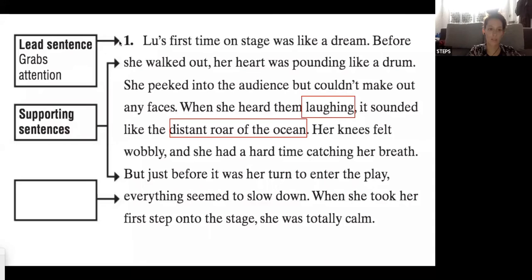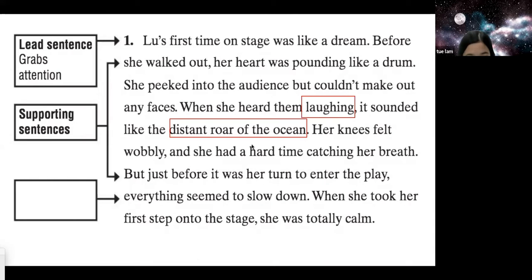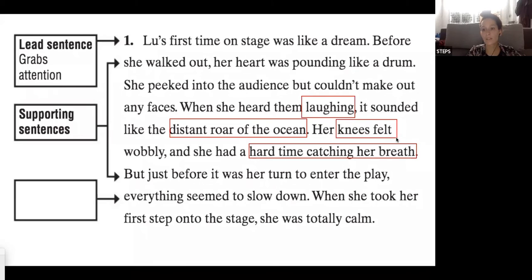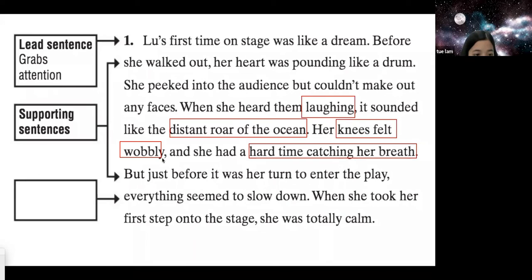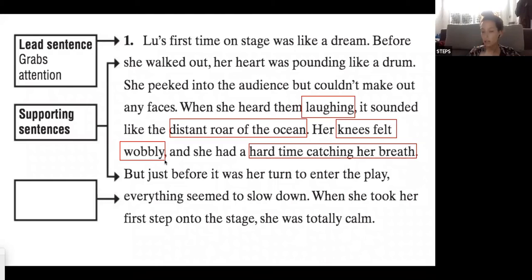Nervous. How can you tell that this character is nervous? Hard time catching breath and her knees are wobbly. Okay, good job. So instead of just saying she was nervous, the writer described what the character was experiencing. Wobbly knees and having a hard time catching your breath are signs of nervousness. So that makes it more interesting.